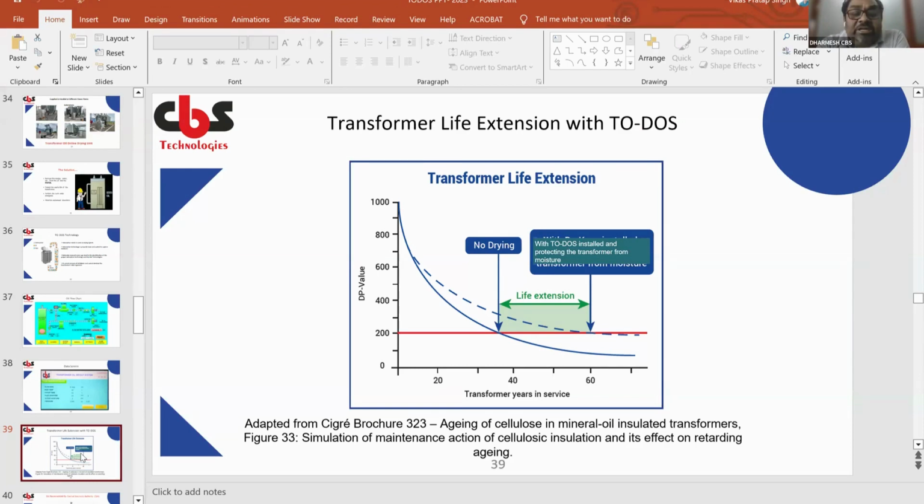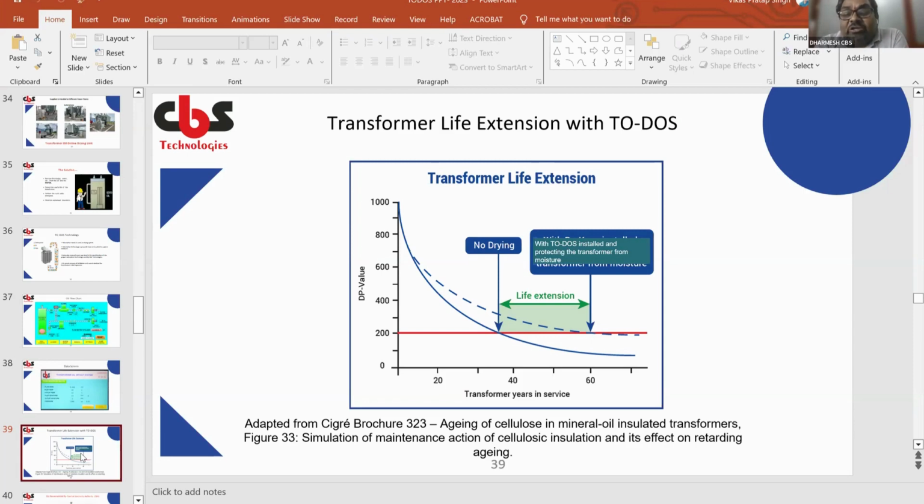Cigre claims that transformer life can be increased up to 50 to 60 years. But here we are talking about 25 years as a normal life. We can extend up to 40 to 45 years, about 15 years extra. Just check: for 15 years you are not putting in any new asset, and the same asset is used for the next 15 years.